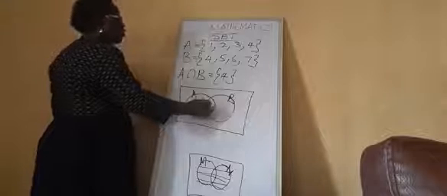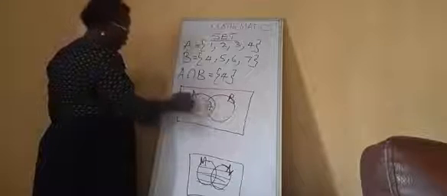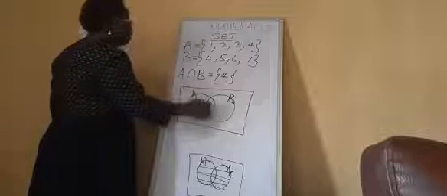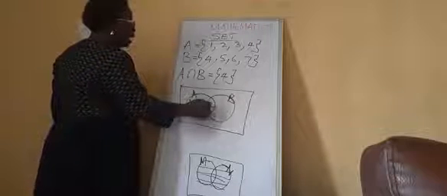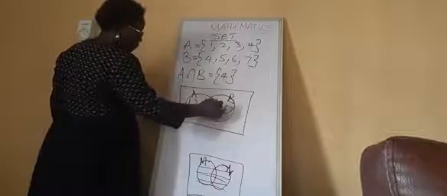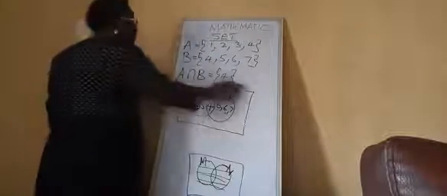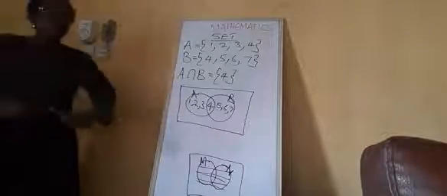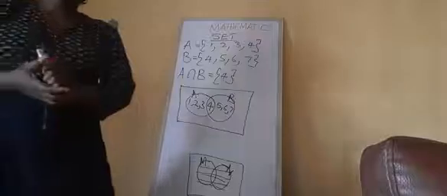So when you remove 4 from A, you have 1, 2, 3. When you remove 4 from B, you have 5, 6, 7. The universal set is here. I think you can see the relationship between A and B.